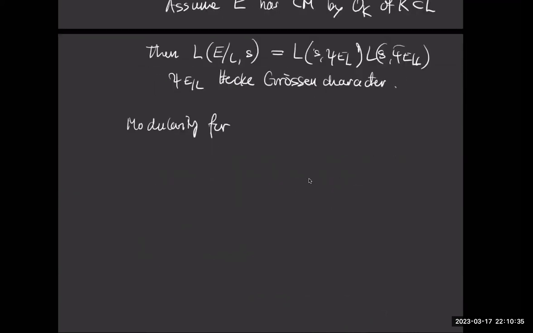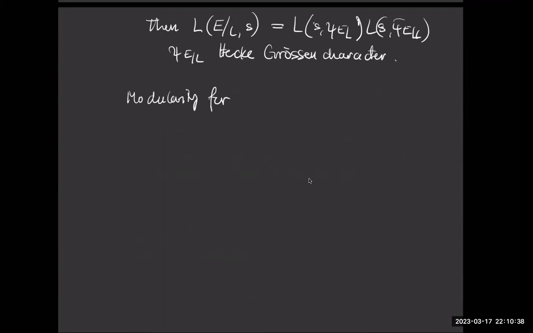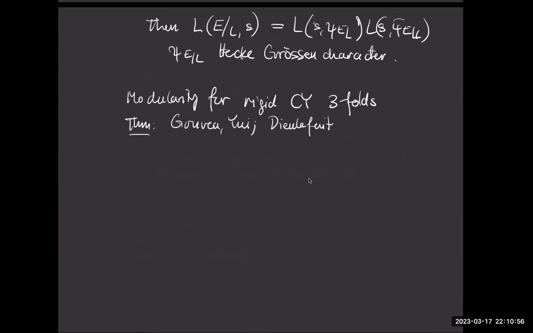Okay, so modularity for rigid Calabi Yau threefolds. Here we have the theorem due to Gouvêa, Yui, Dieulefait. So take X over Q a rigid, smooth, projective Calabi Yau threefold.